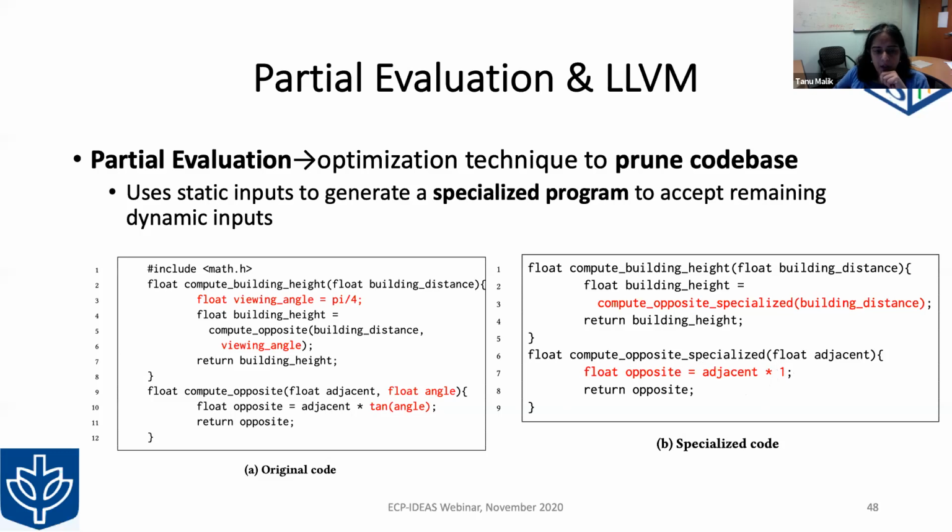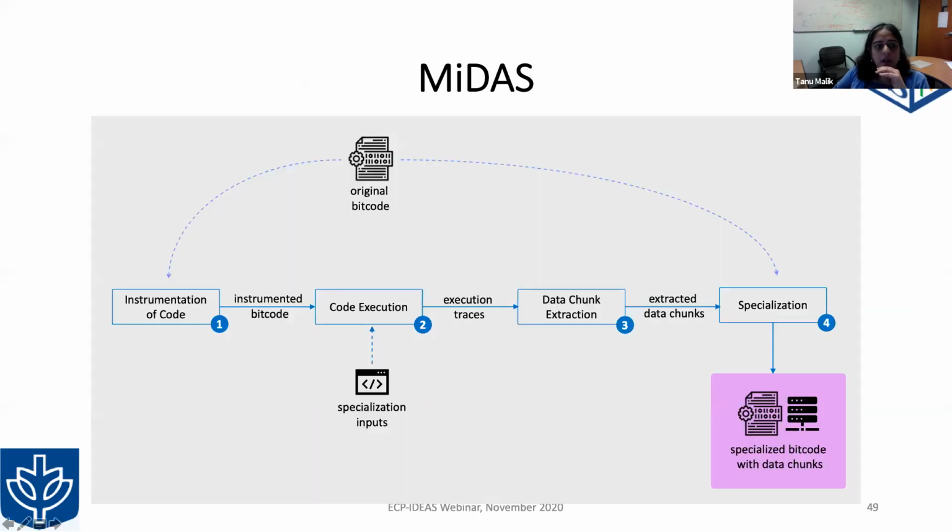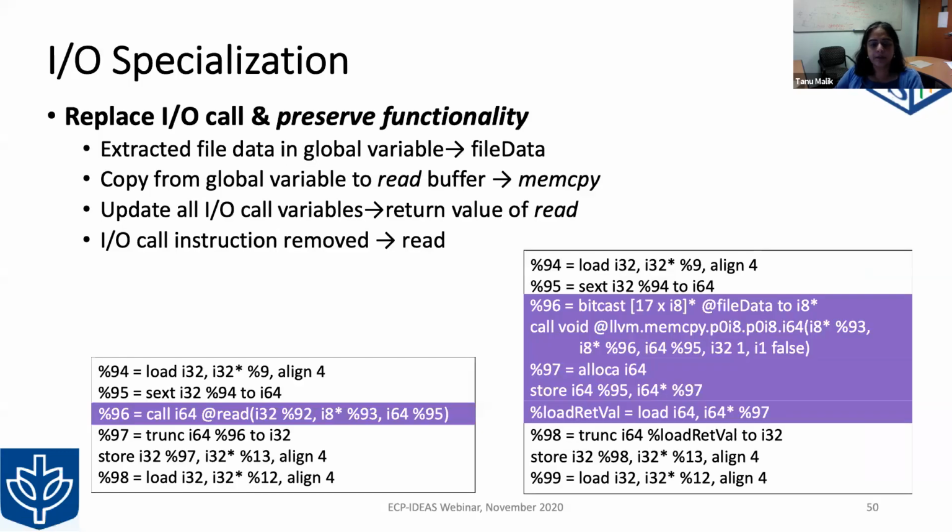So we are adapting this idea to IO specialization, and the idea is to again instrument your code and find what particular data chunks I need to extract, and either include them with the binary or have a little database which can include these set of chunks to be able to run in the container.